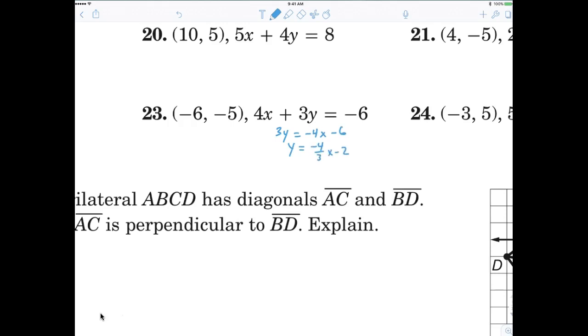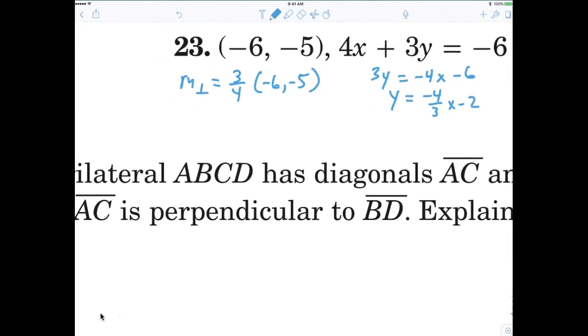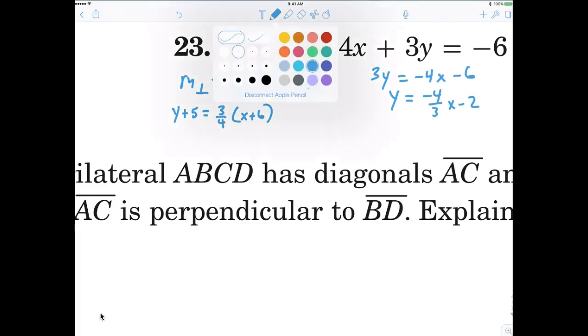Now, the slope of the perpendicular would be the reciprocal, change the sign, 3/4, passing through (-6, -5). Now, what we're going to do is write the equation: y plus 5 equals 3/4 times x plus 6. Same exact problem.